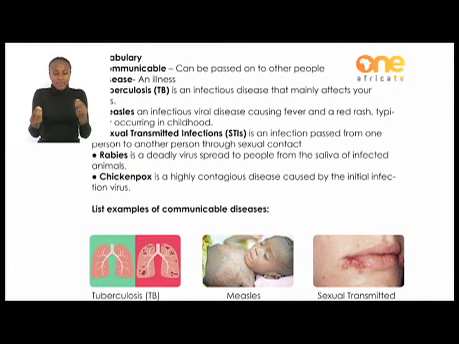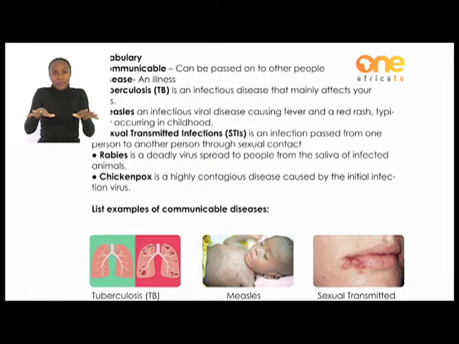Sexually transmitted infections, which is STIs, is an infection passed from one person to another through sexual contact. Rabies is a deadly virus spread to people from the saliva of infected animals. And lastly, chickenpox is a highly contagious disease caused by the varicella zoster virus.